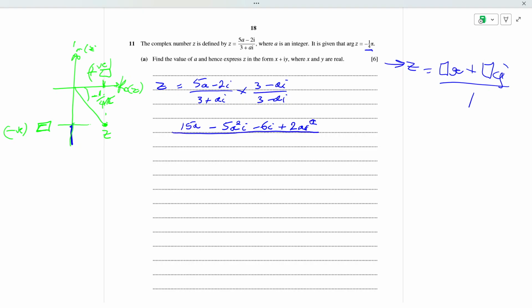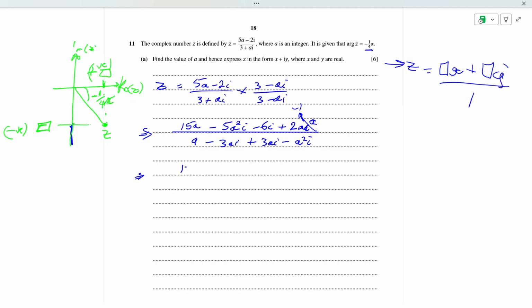And then we divide all of that over 9 minus 3ai plus 3i minus a squared i. These two are going to cancel each other out, right? So now i squared is negative 1.